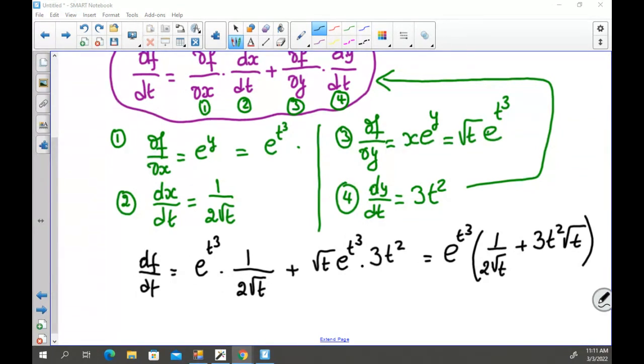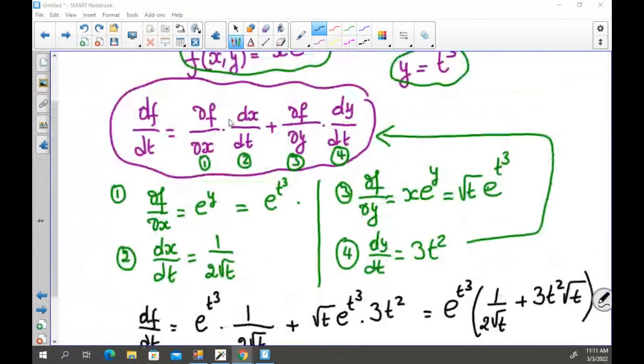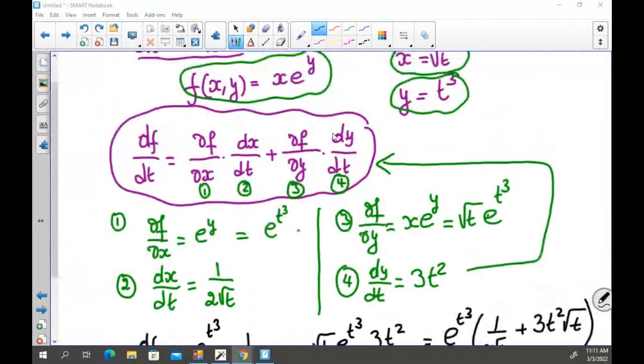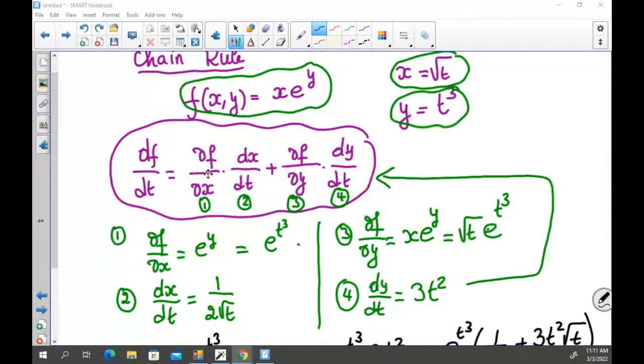Was that okay? Again, the rule is very important here. You need to memorize it and then find the 4 things, 1, 2, 3, 4, and then substitute here.